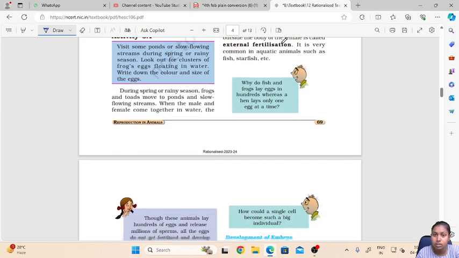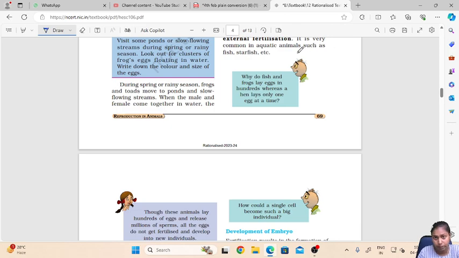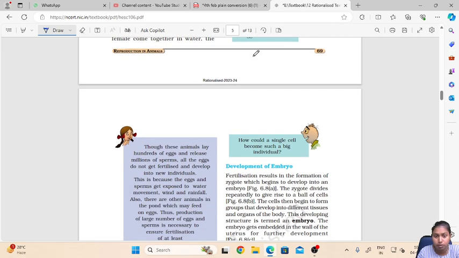Examples are common aquatic animals such as fish, starfish or frogs.